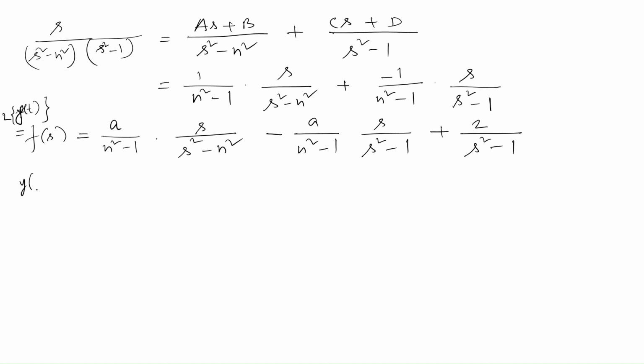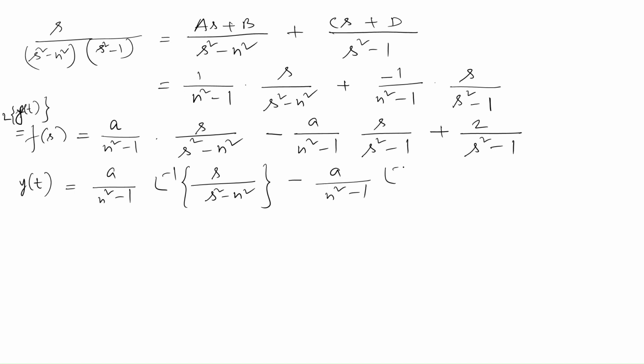So yt is what? Yt is a by n square minus 1 times the inverse Laplace transform of s by s square minus n square, minus a by n square minus 1 times the inverse Laplace transform of s by s square minus 1, plus twice the inverse Laplace transform of 1 by s square minus 1.